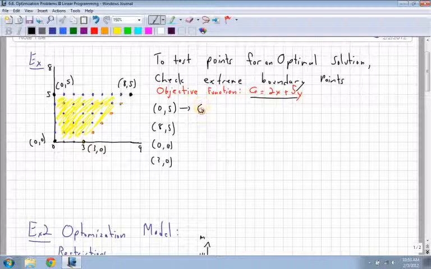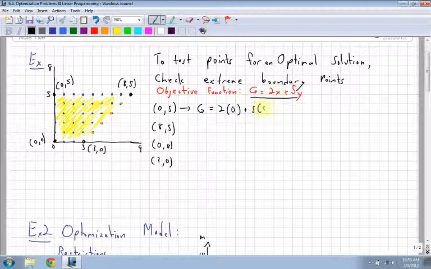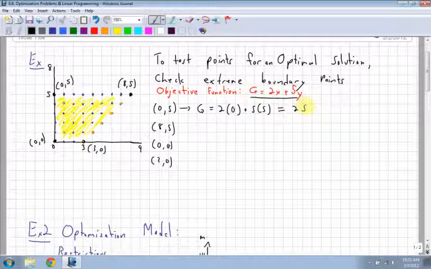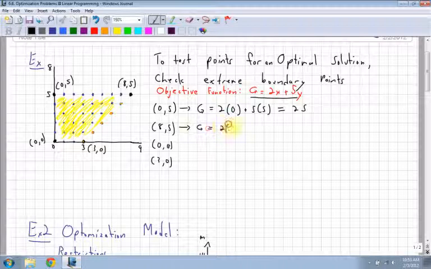So I test them. G is equal to 2 times my x value of 0, plus 5 times my y value of 5. 2 times 0 is 0, plus 5 times 5 is 25. (8, 5) I check: 2 times 8 plus 5 times 5.